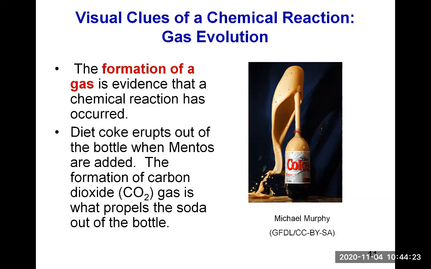And that's what will push it out, the gas. All this gas forming here propels the soda out of the bottle, because it's a lot of tiny bubbles of carbon dioxide, and they are getting some soda with it around them, and then that's what you see here, all that foam.